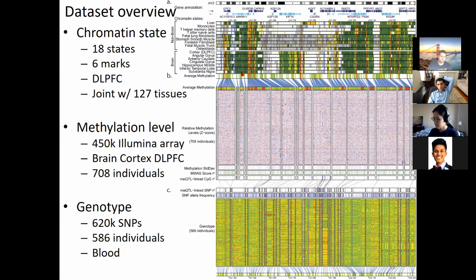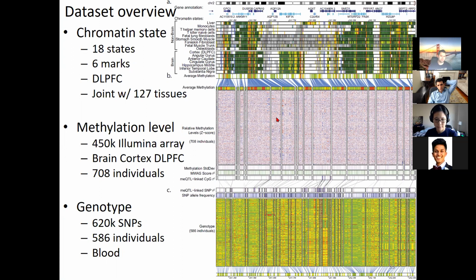And now you're going to see across all of these regions, which are annotated as either promoters or enhancers based on the annotations here, what is the level of DNA methylation across hundreds of individuals, and what is the genetic variation for the same individuals?